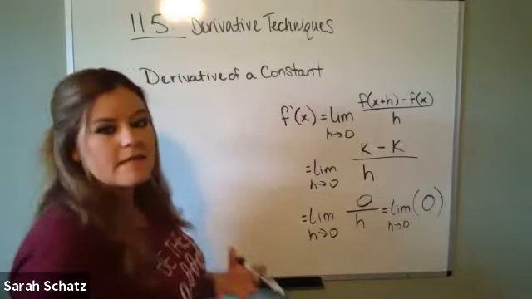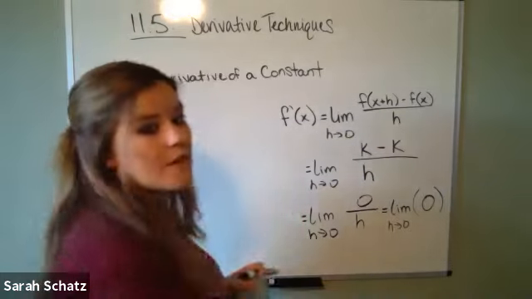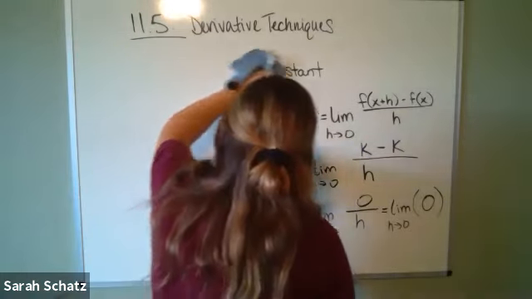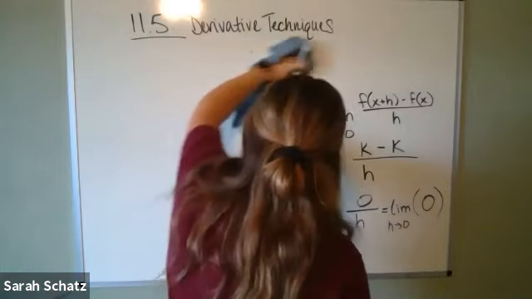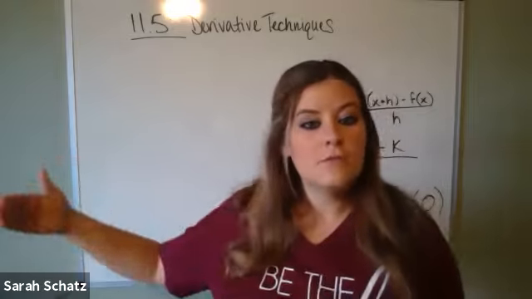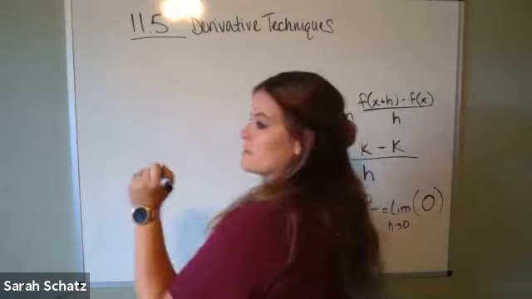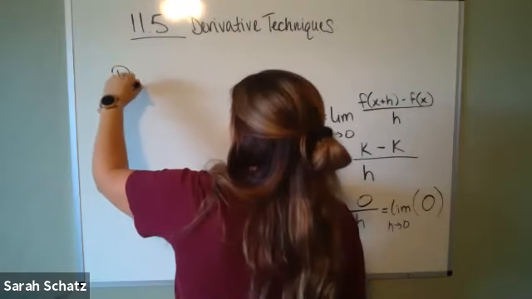So the next technique is really going to be the one, you guys. It's going to be the one that we use all the time. When we start moving from a constant function and moving the degree up, so we're actually going to get x's in our problem, the best rule we have is called the power rule.